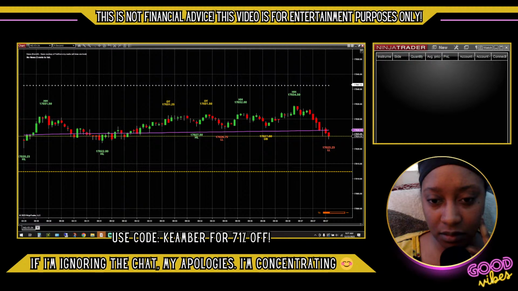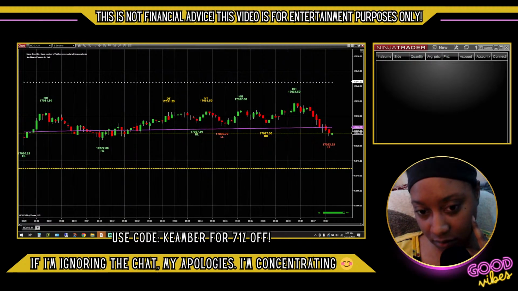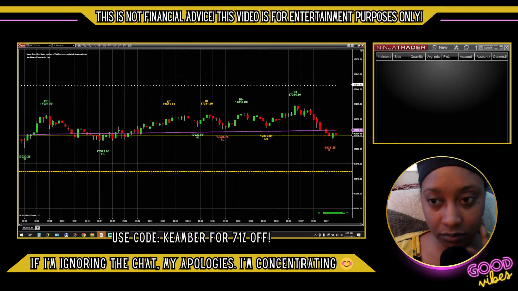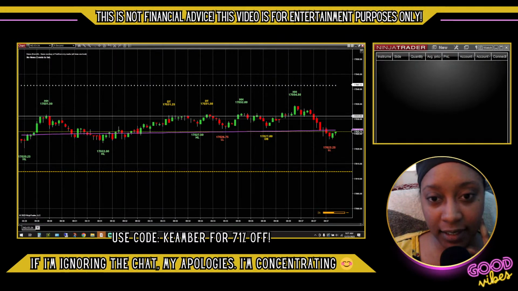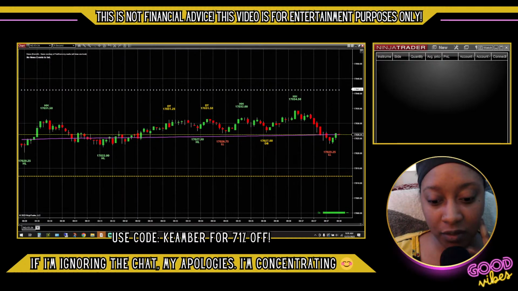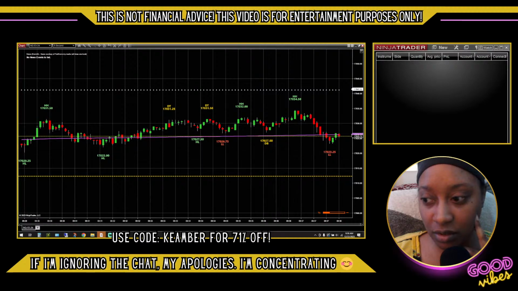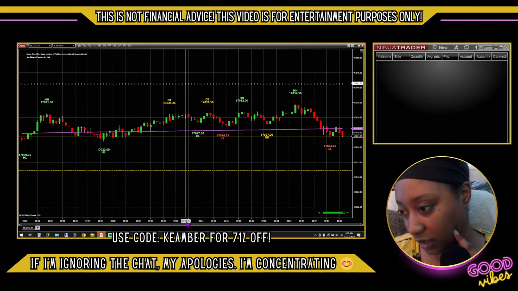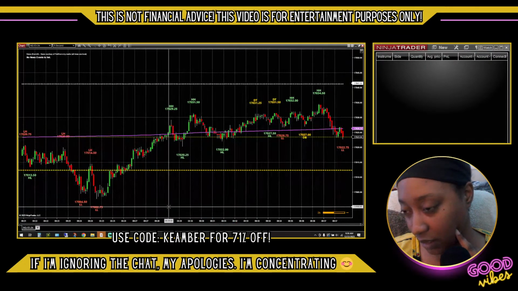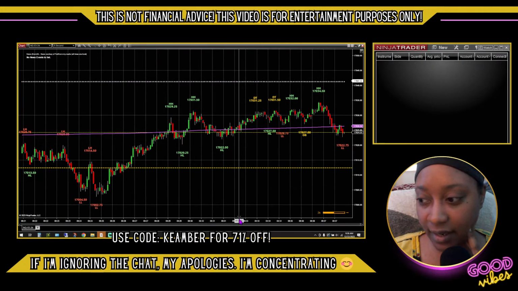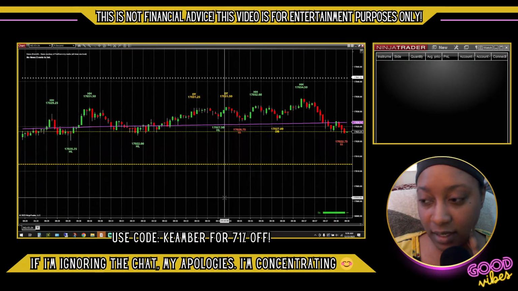All right, let's see. Change only. All right, so I am looking to get into a buy around 33.25. There was a change of structure, which probably can't be seen right now, but we kind of went from a lower low to a higher high and now a higher low.